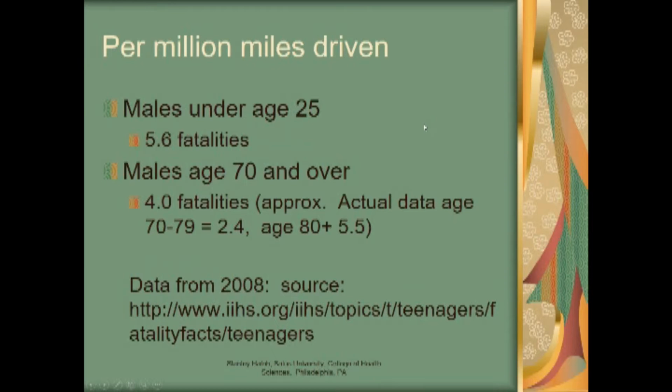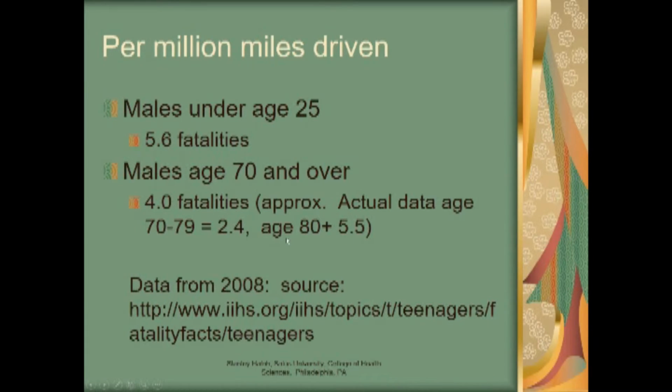So if we look at per million miles driven, males under age 25: 5.6 fatalities per million miles driven. Males age 70 and over: 4.0. Now, I couldn't get specific data for the age groups that I wanted.